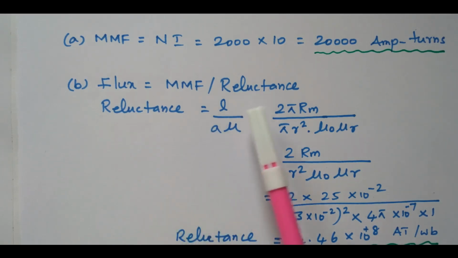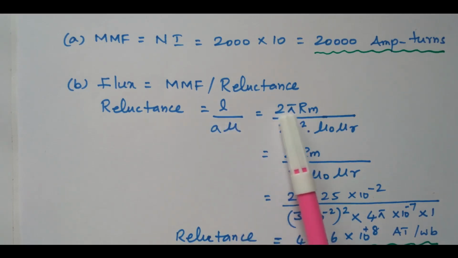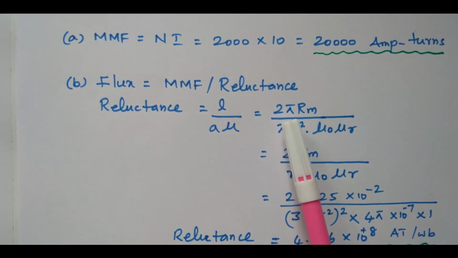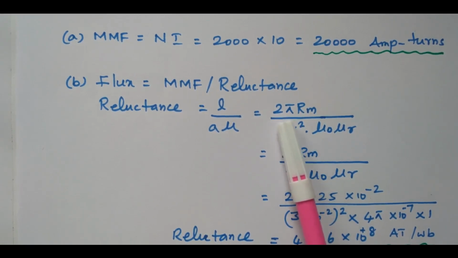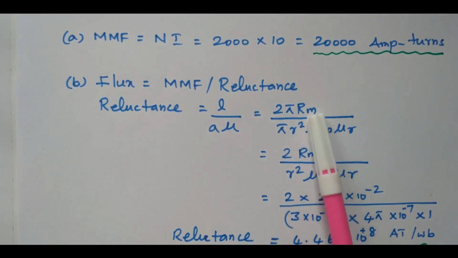Reluctance, one more formula available: L divided by A into mu. Like resistance with resistivity, we have the reluctance formula L divided by A mu. The L is nothing but the circumference, because it is a toroidal coil. Toroidal means circular form. So the length of the core is the circumference of the core, L equal to 2 pi Rm. This Rm value is given.